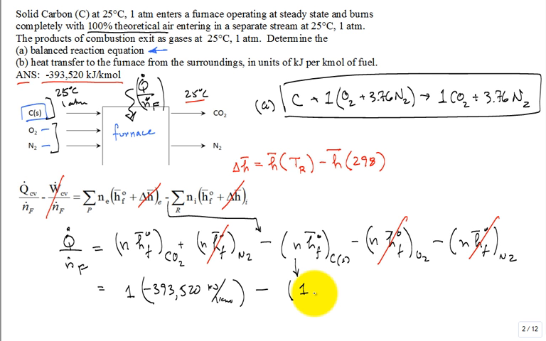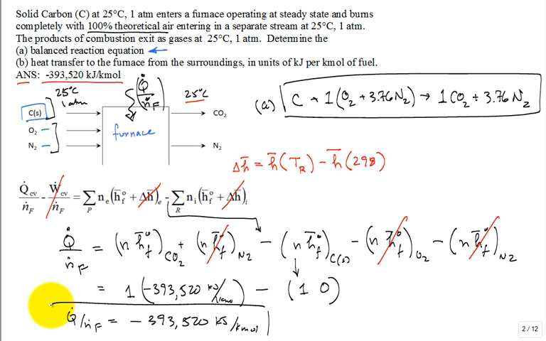That one we don't use that often, but its enthalpy of formation is also 0 for the solid carbon. And so the answer boils down to Q dot divided by N dot F is negative 393,520 kilojoules per kilomole. It's almost anticlimactic. It's all like, wow, all that work to do what?